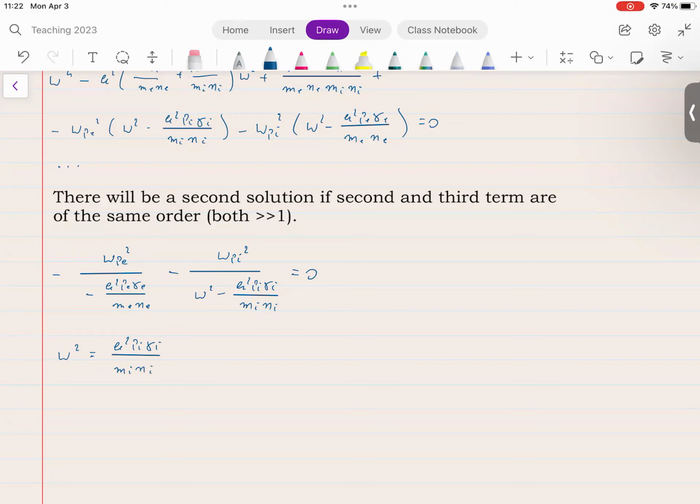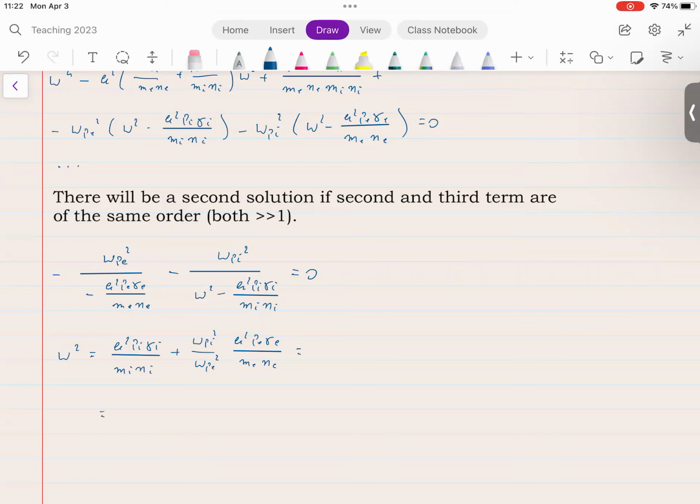And then careful with the signs. Since I'm taking this to the right-hand side, I change the sign one more time, and I get omega Pi squared over omega Pe squared, and that multiplies the k squared Pe gamma E over Me and E. All right, it's not too bad.